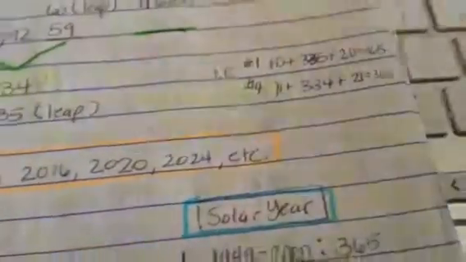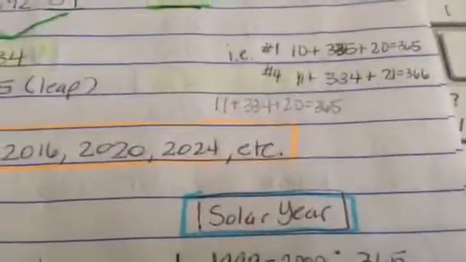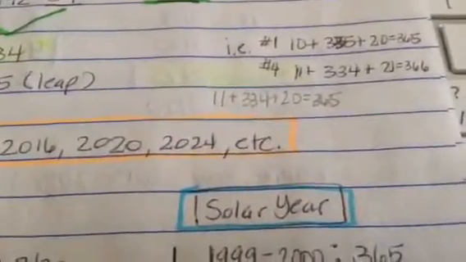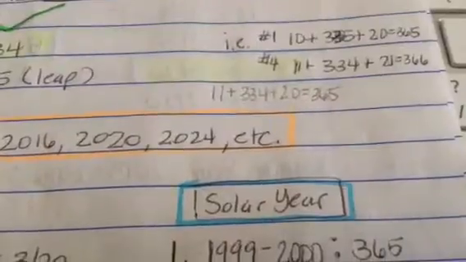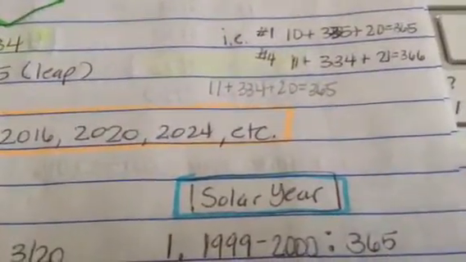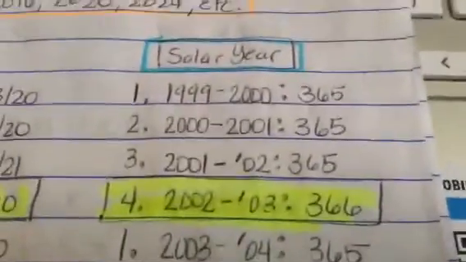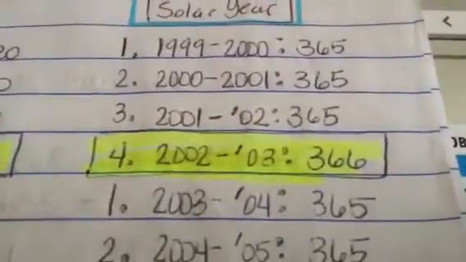I know this is not the best example, so I'm going to write it out. 11 plus 334 plus 20 would equal 365. Once I add 11 to 334, that makes 345, and 345 plus 20 makes 365. And you would do that for each of the following years.